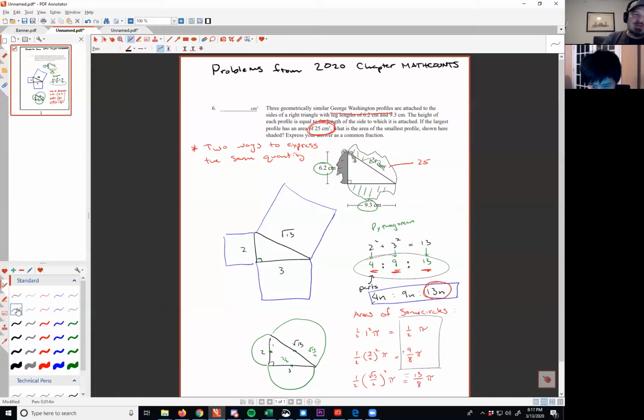What are the two expressions for the area of the largest profile? What does the problem say it is? 25. What do we say it is in our model? The two smallest ones added together, which is 4n and 9n, which is 13n. Right.